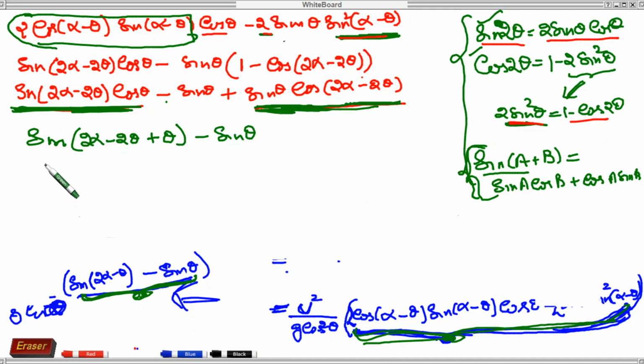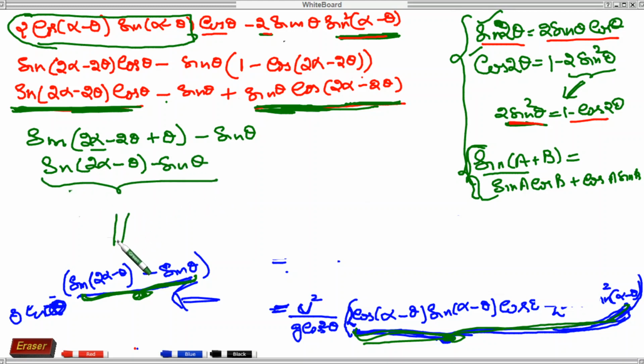So it becomes sine of 2 alpha minus theta minus sine theta. So it's the same thing that I showed here.